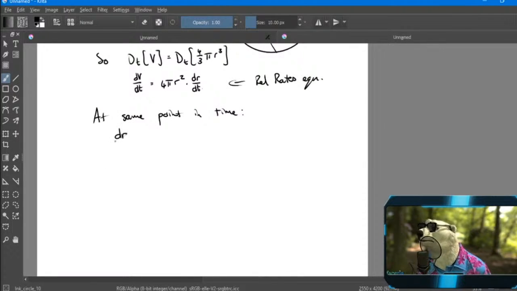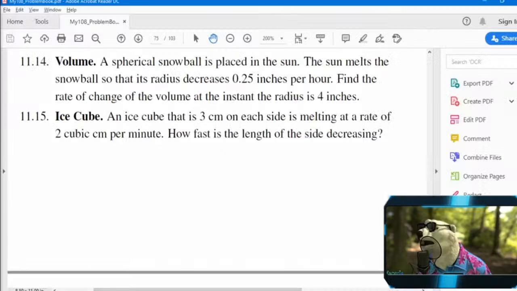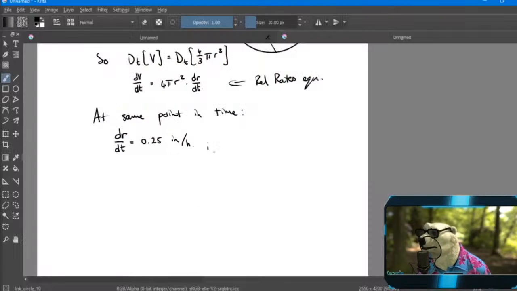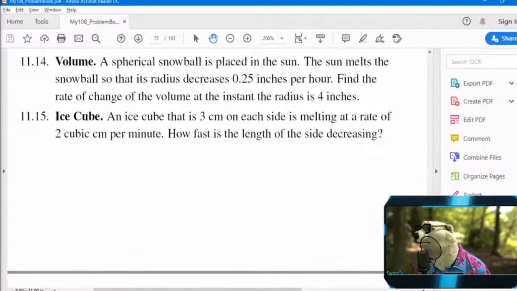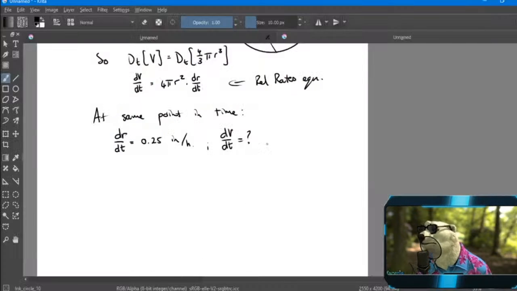So the rate of change of the radius, it's decreasing, so negative 0.25 inches per hour. Find the rate of change of the volume. So that's dV/dt is what I'm looking for. And the radius at that moment in time is 4 inches.